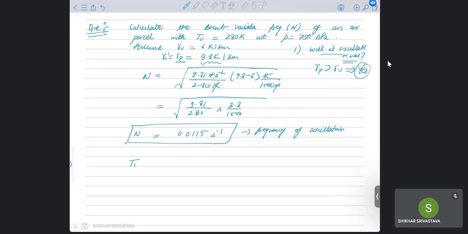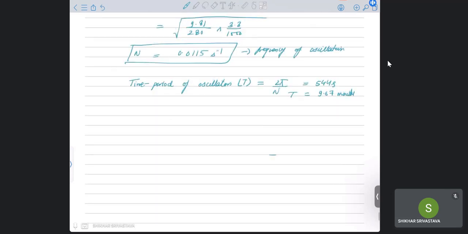The time period of oscillation, we know, is 2 pi by frequency. Frequency is n. So it will come out to be 544 seconds, or divided by 60, 9.07 minutes.